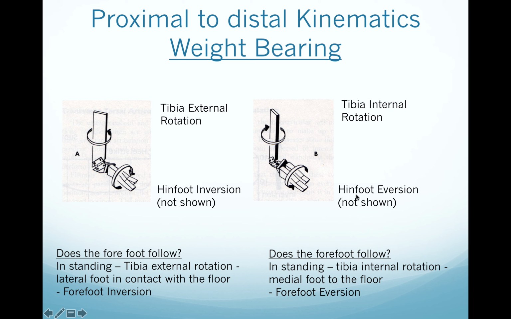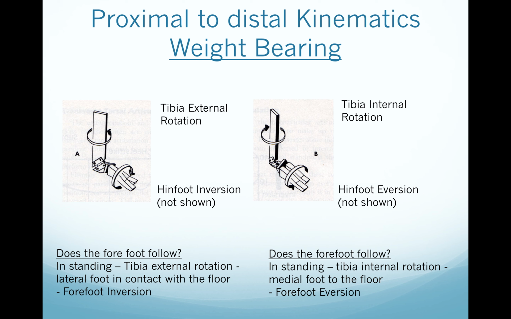What we notice is that this now is coupled to hindfoot or subtalar eversion. What we're going to notice as we look at data is the connection between the subtalar motion and the midtarsal joint motions is going to be more complex. So we're going to get motion around one axis but not another.